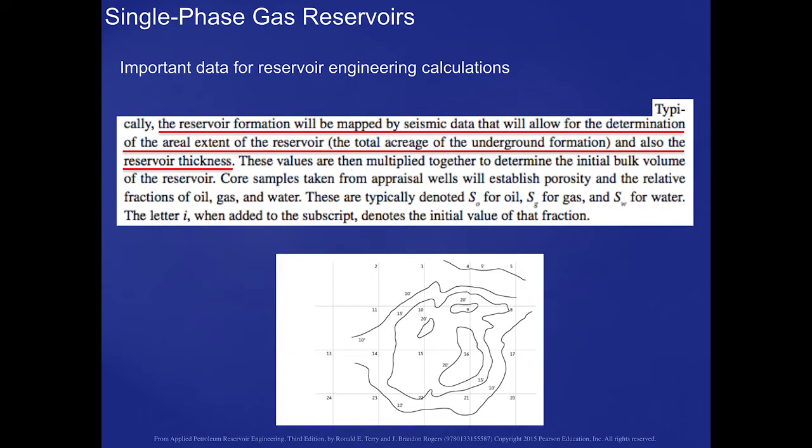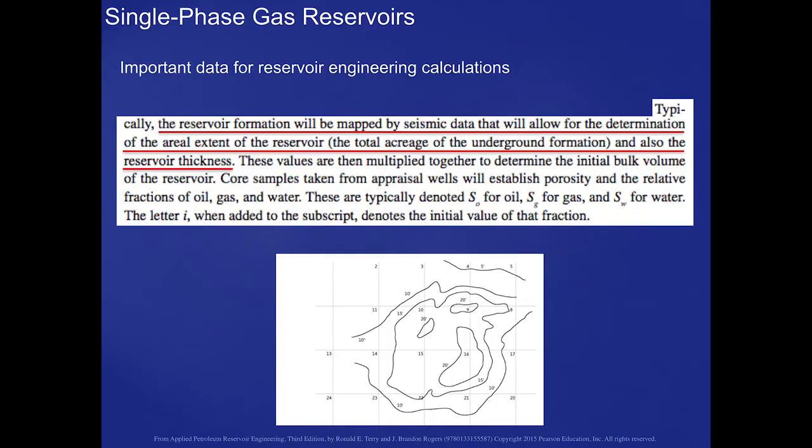Some of the important data that we need as reservoir engineers to make calculations are shown in this slide. One of the first things that we'll do is try to map the reservoir with the seismic data. We talked about seismic information in a previous lecture.